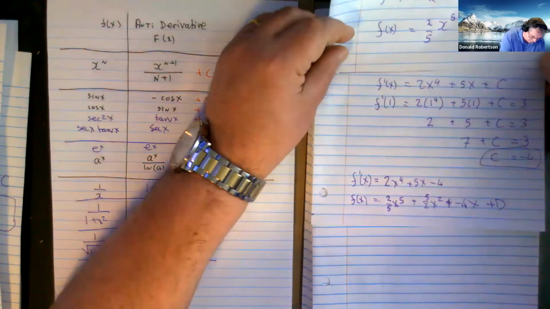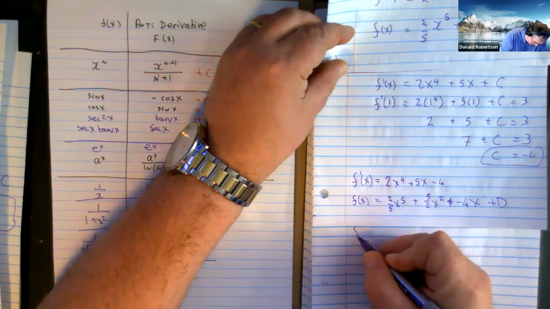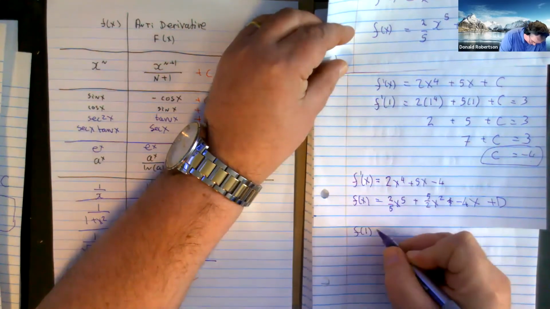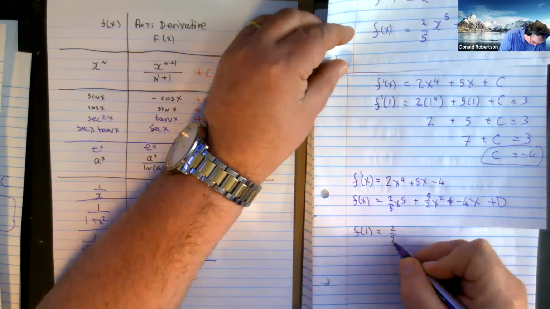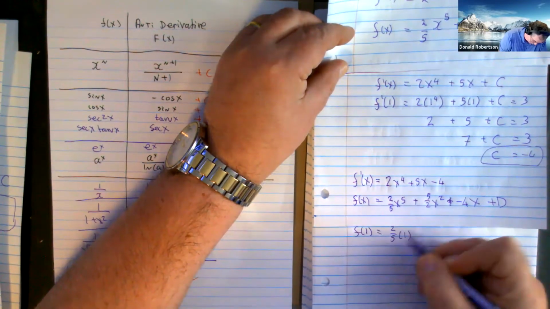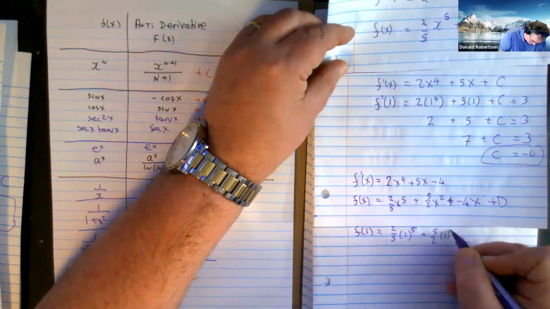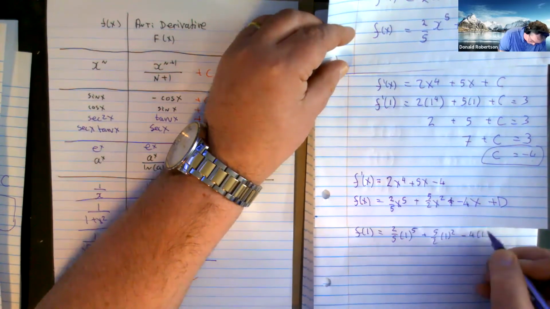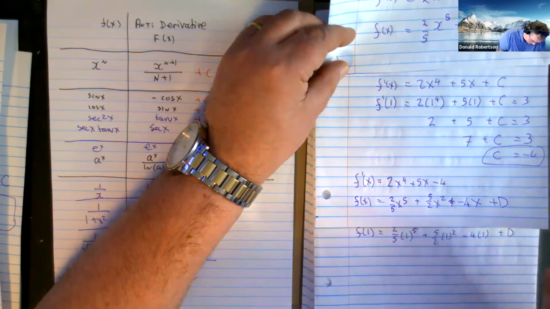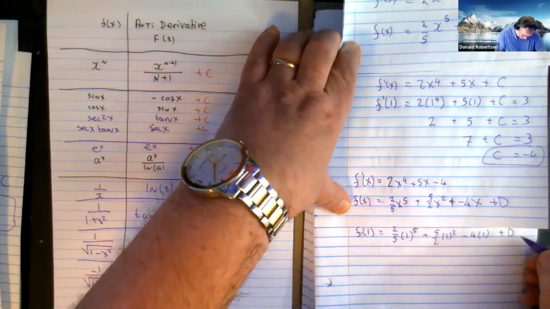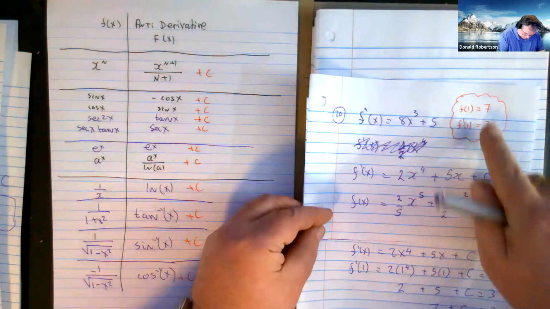I now am going to use the fact that f of 1 is 7. So 2/5, 1 to the 5, 5 halves, 1 squared, take away 4 times 1 plus d, that whole thing, is going to equal 7.